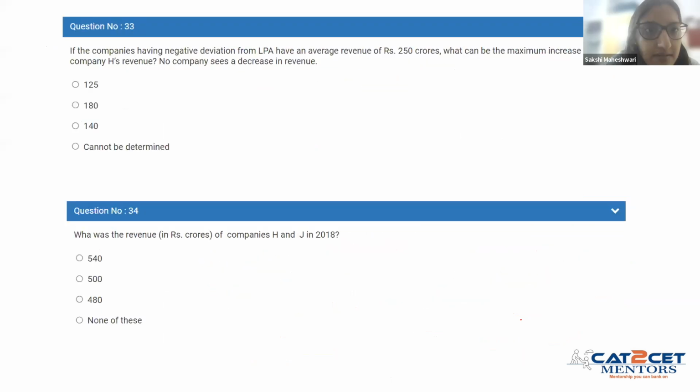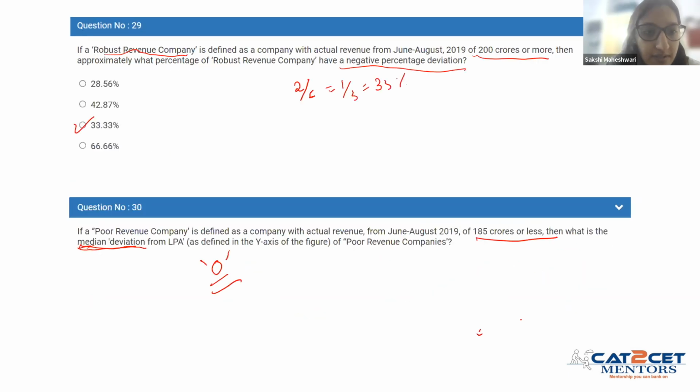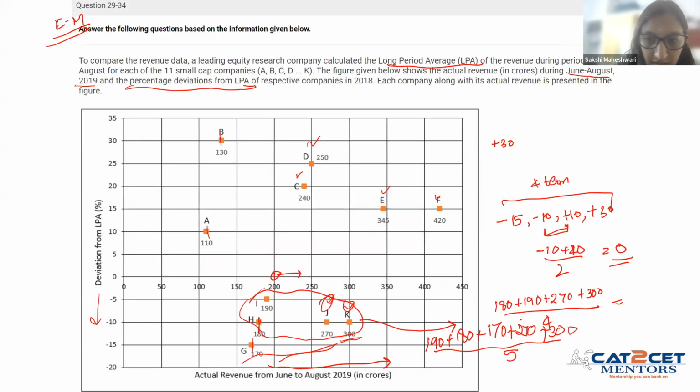Oh, one second. From LPA have an average revenue. Okay. So guys, tell me these calculations fast. Let's move on. Tell me this number. What will be this number? Respond in the chat.